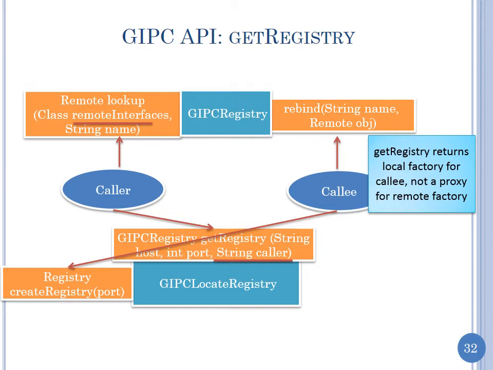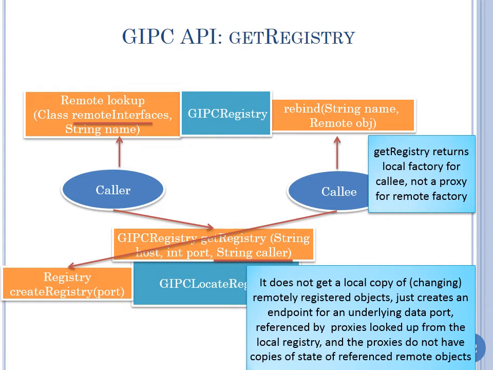GETREGISTRY just returns a local factory rather than a remote factory. And all it does is create a binding. It's going to use underneath a data port for communication. So it just goes and creates a data port and stores the host and port number associated with that port.